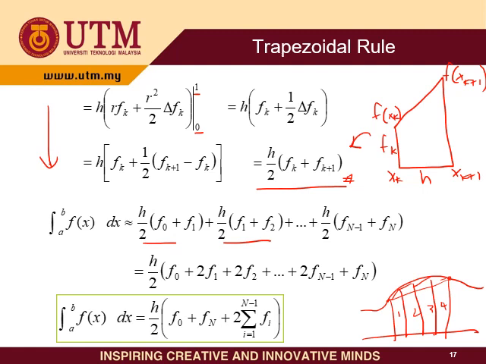You need to add them until the end. That's why you will have a long calculation if you have more trapezoids. The smaller the trapezoids, the longer the calculation. And then this is the final formula that you need to use, based on the summarization of this formula.